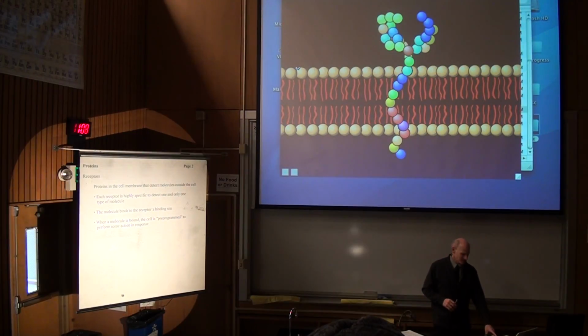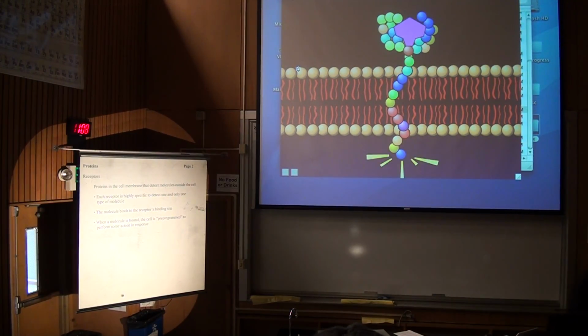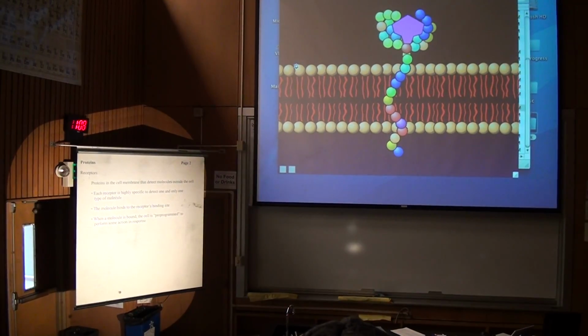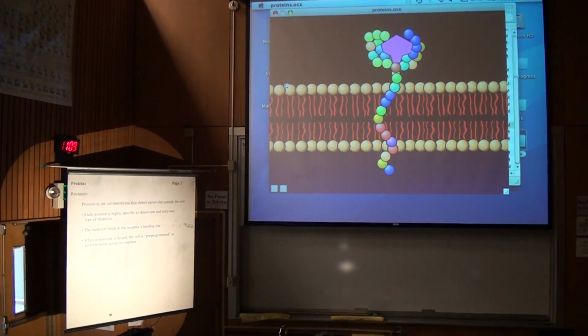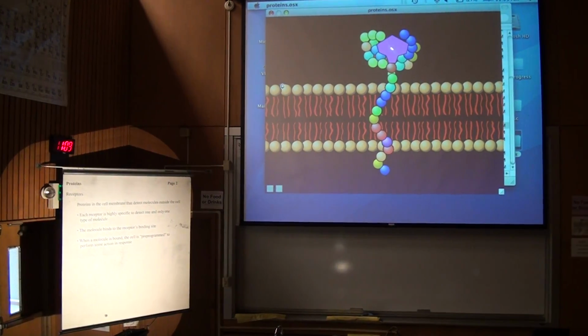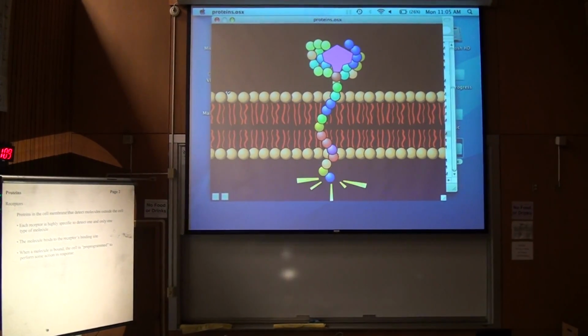Let's say this is the molecule that this receptor is supposed to detect right there. To detect the molecule, it has to bind to the receptor. The molecule that the receptor is supposed to detect has to bind to the receptor for the receptor to detect it.